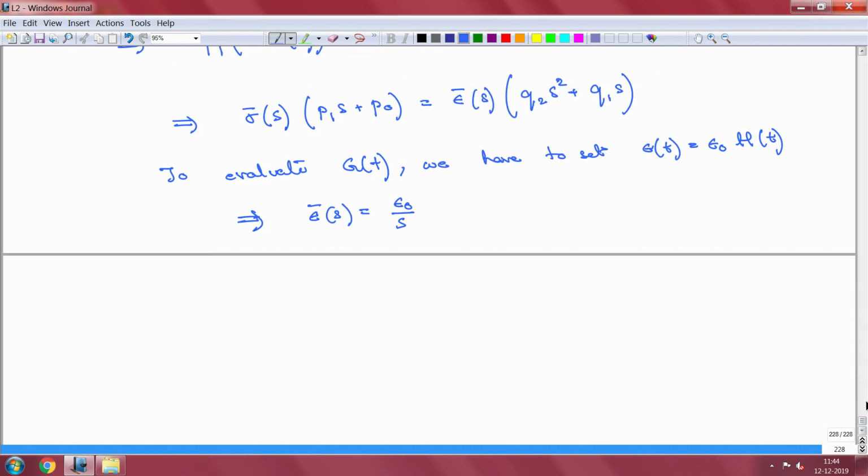So, now if we substitute this value into this equation for sigma bar, we have this particular equation: Q 2 s square plus Q 1 s into epsilon naught in the numerator. In the denominator, we have s multiplied by P 1 s plus P naught.